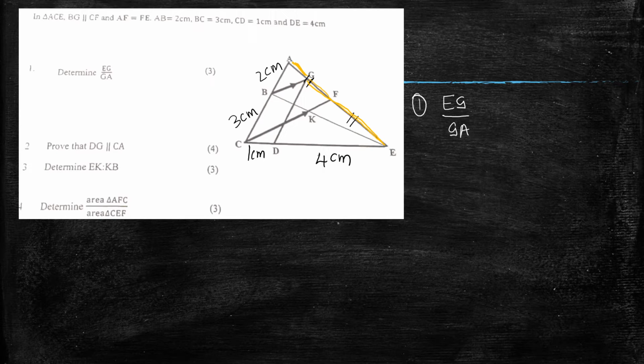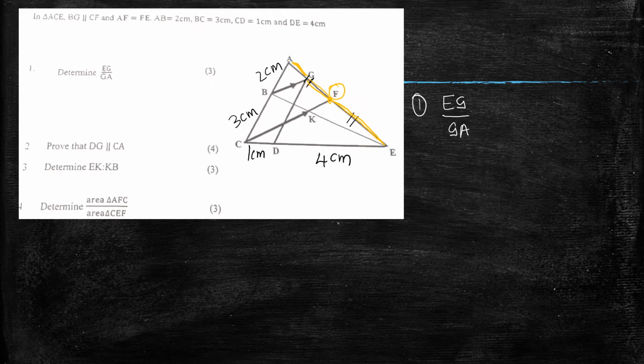So this is quite related to the question that we did previously. It's just that they give it to you in a different way, because instead of telling you that F is the midpoint of AE, they instead told you that AF is equals to FE.